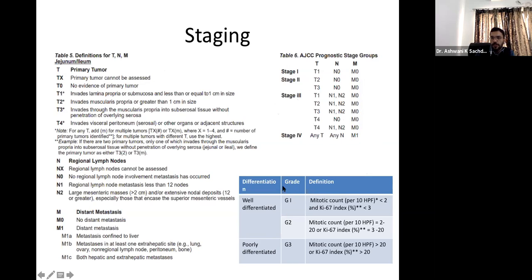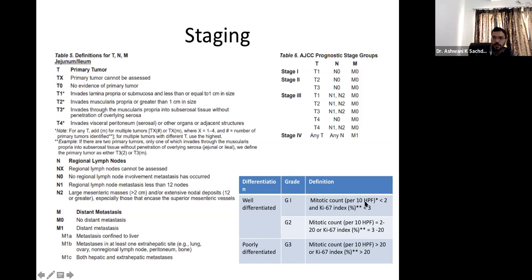So another important factor is differentiation in carcinoid. They are graded into grade 1, 2, and 3 based on the mitotic index and Ki67 index. Mitotic count less than 2 per 10 high power fields. In this we use 10 high power fields.